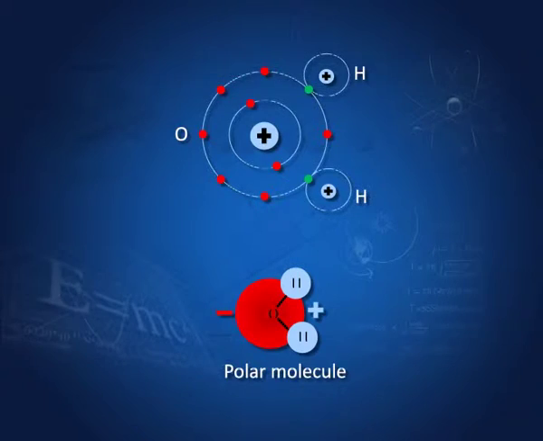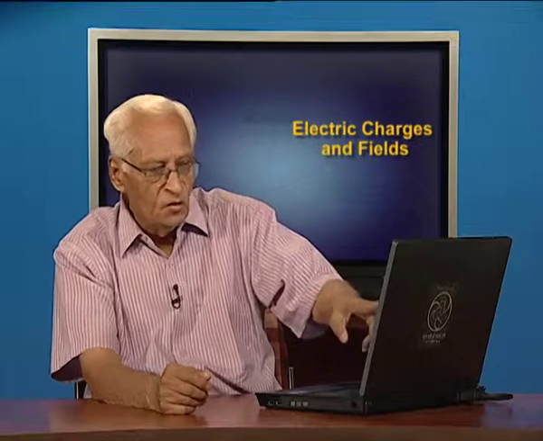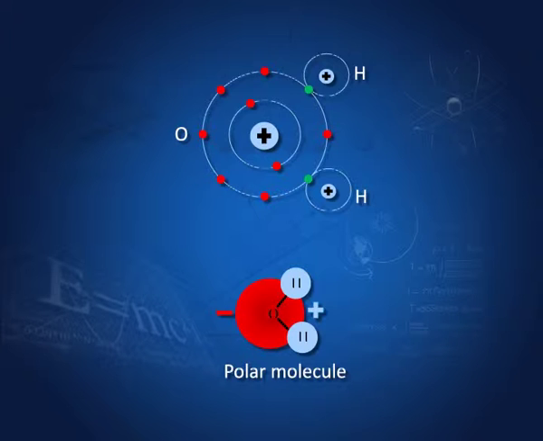Here I have shown you the atomic structure of the water molecule. These are the hydrogen atoms, this is the oxygen atom, and they share these two electrons, shown in green. Now, what happens? The remaining electrons, these red ones, exert force on these two shared electrons.